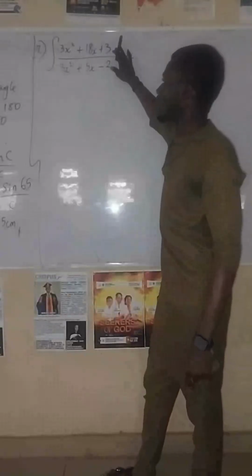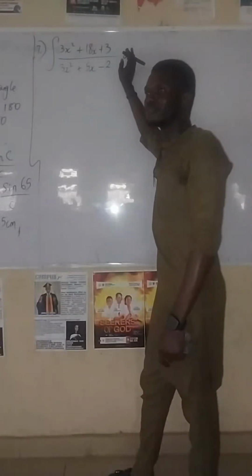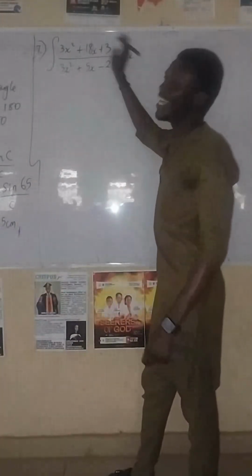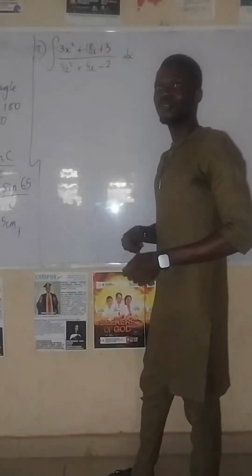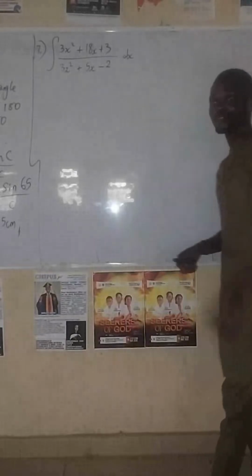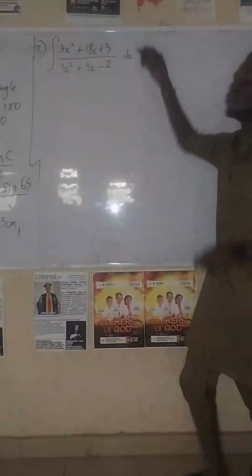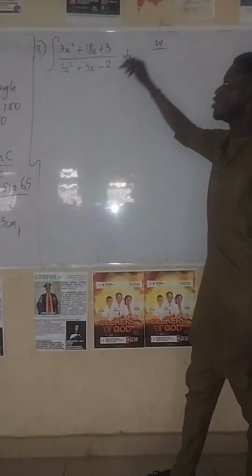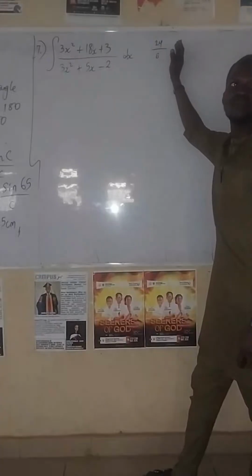But when you look at this fraction, it's improper. Let's check. Let x be 1. That's the first thing to check in partial fraction: is it proper or not? If x is 1, the numerator is 18 plus 6, that's 24. The denominator is 6.